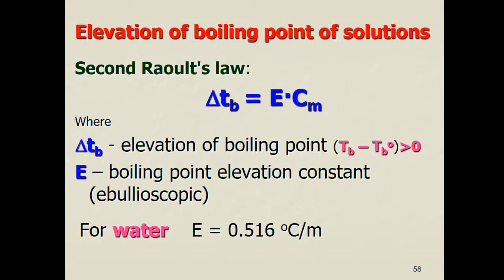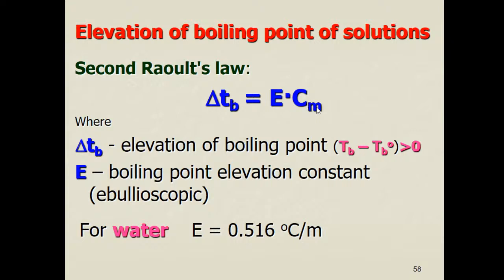So what is the elevation of boiling point? The elevation of the boiling point of a solution is described with the second Raoult's law. It shows that the elevation of boiling point, delta Tb, which can be expressed in Celsius or Kelvins, it doesn't matter, is equal to the boiling point elevation constant, also known as the ebullioscopic constant, times the molality of the solute dissolved in this solvent.